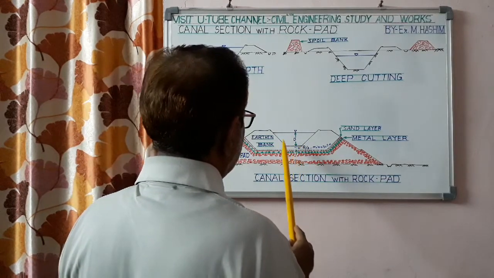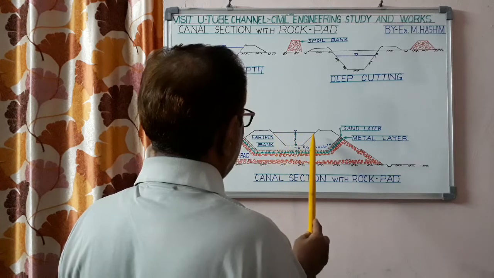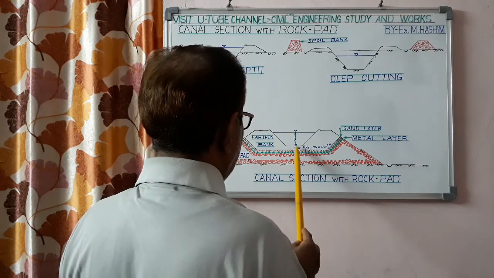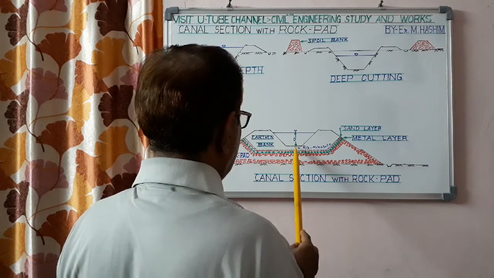For example, suppose the depth of water is 3 meter, then the earthen cushion between the filter layer and bed of canal should be 1 meter.